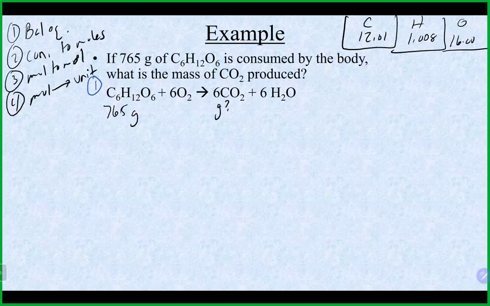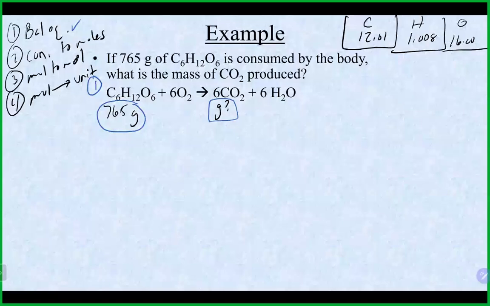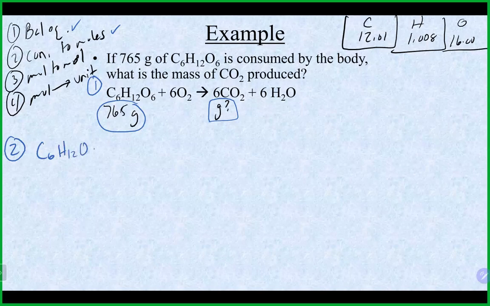So that's done. Again, we're given 765 grams here of our glucose, and we want to know how many grams of our CO2. So we do need to do number 2 there, which is convert our grams into moles. So we need to go to the molar mass there for C6H12O6. Remember, all we're doing is just adding up the parts from the periodic table. So there are 6 carbons, each at 12.01.